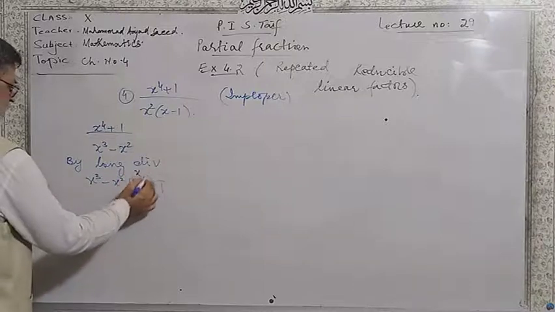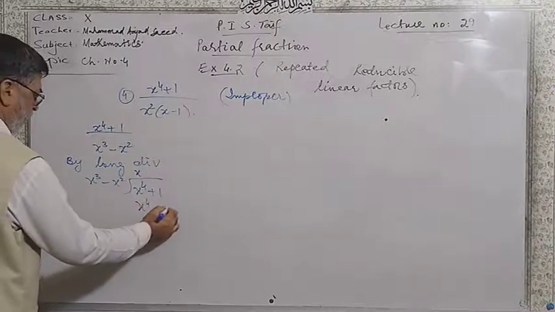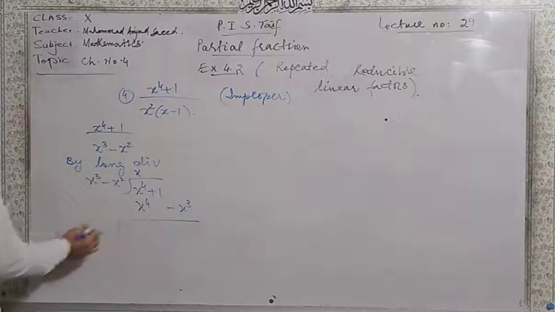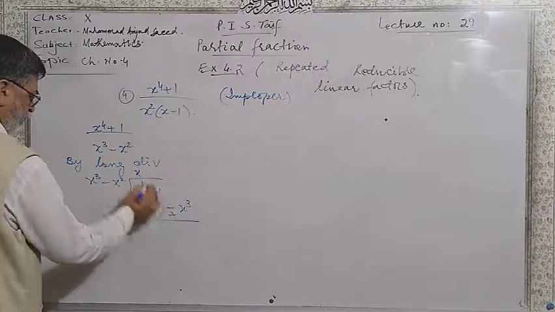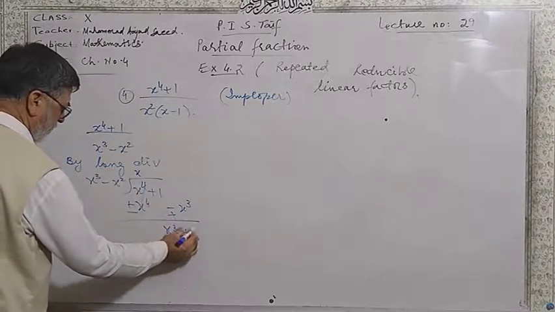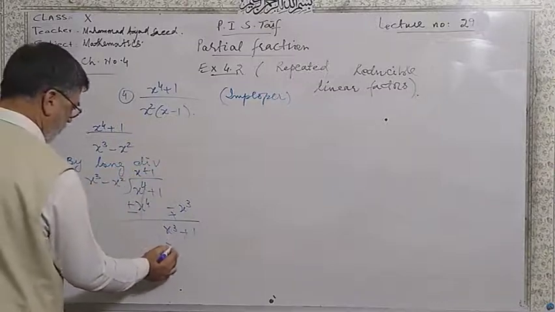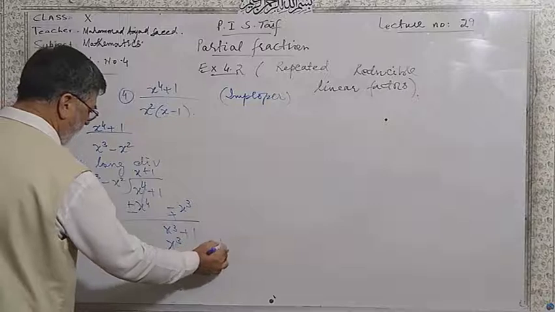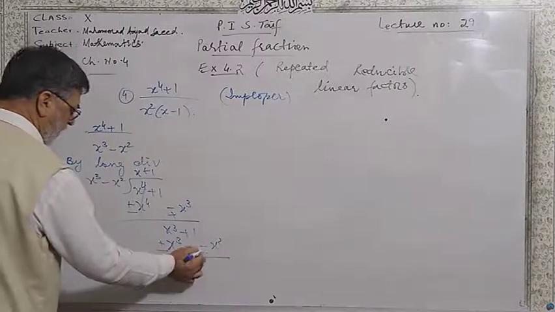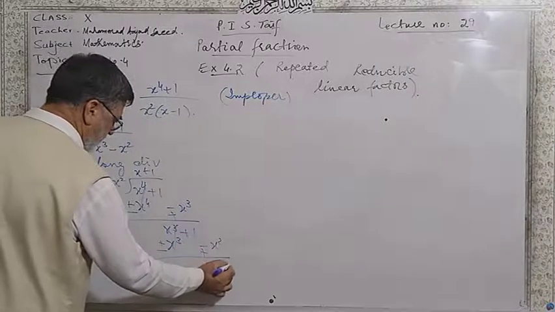It will go with 1 with x4 minus x cube. Change the sign. Here is x cube plus 1. Again it will go with 1. So x cube minus x square. Change the sign. Cancelled out. X square plus 1.